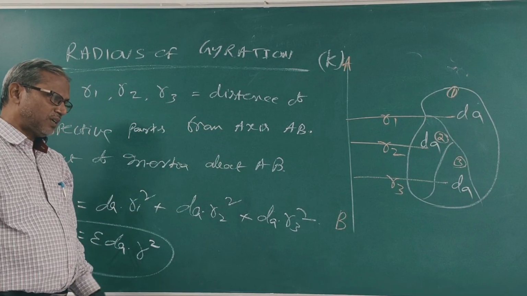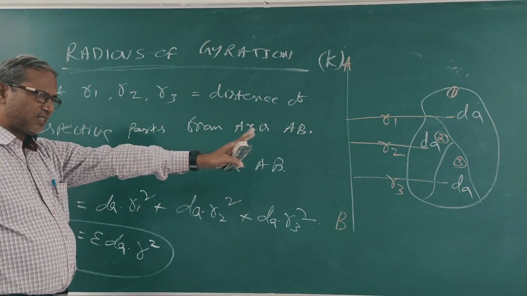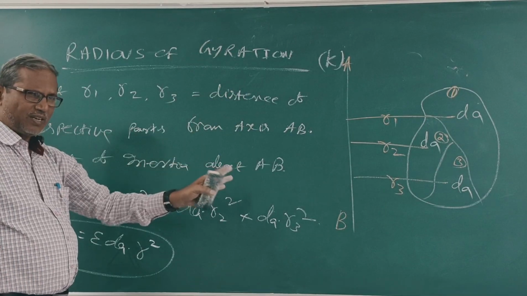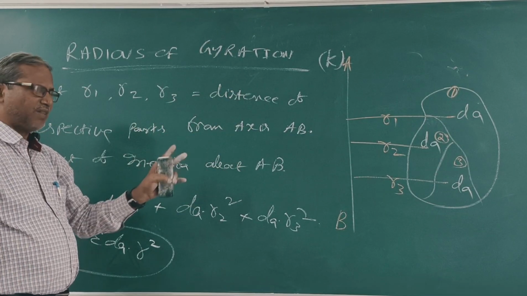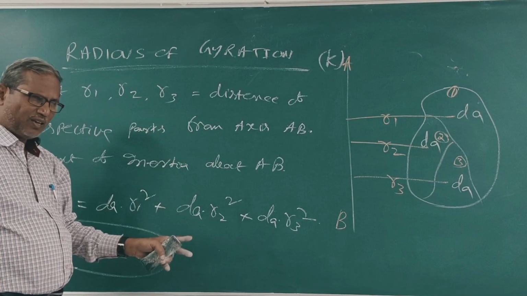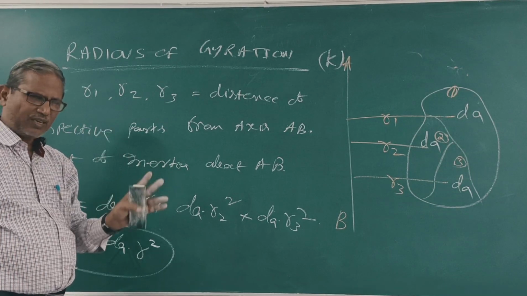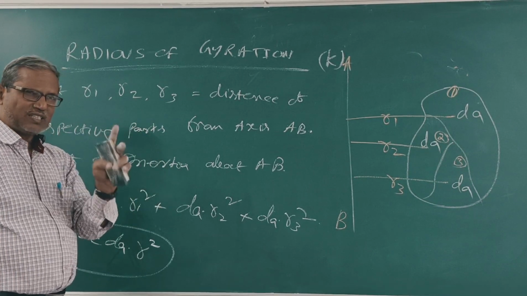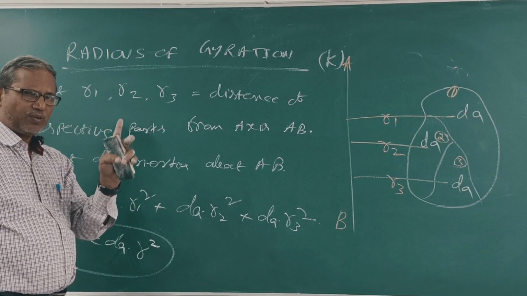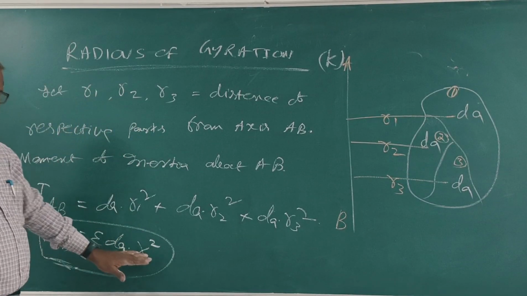Now, if all these elemental parts are placed at a fixed distance k so that the moment of inertia remains unchanged, then the distance k is called the radius of gyration. Clear? If this is 10 mm fourth, that is also 10 mm fourth.